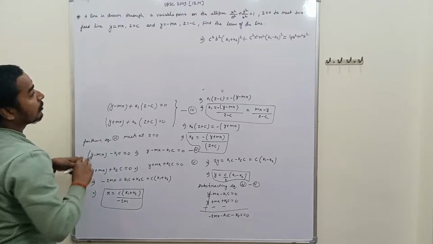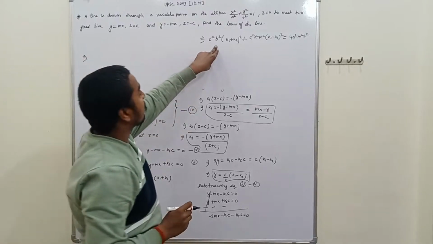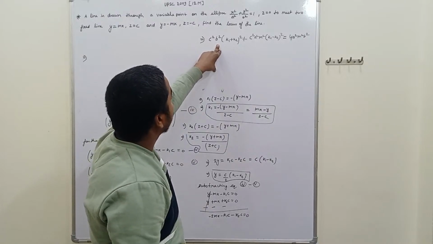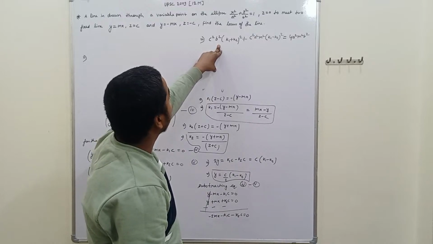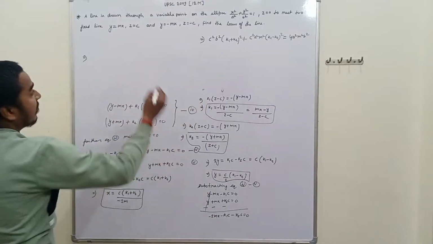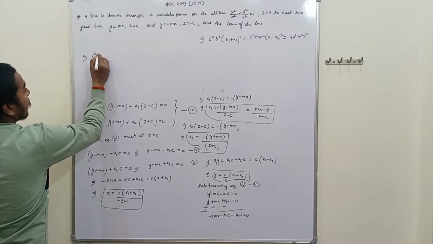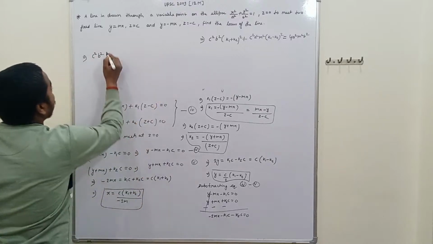First we take a common from here, m square is not common here, c square b square, nothing is common, so we put the value of k1 plus k2, that is c square b square, and we put the value of k1.